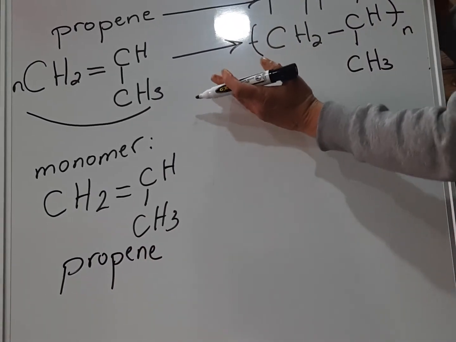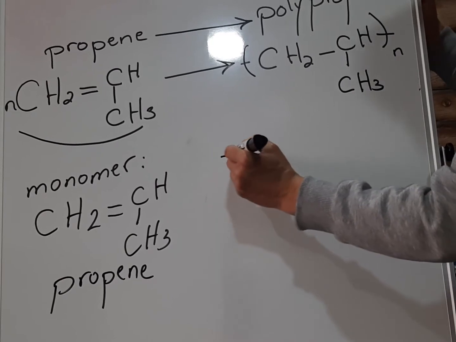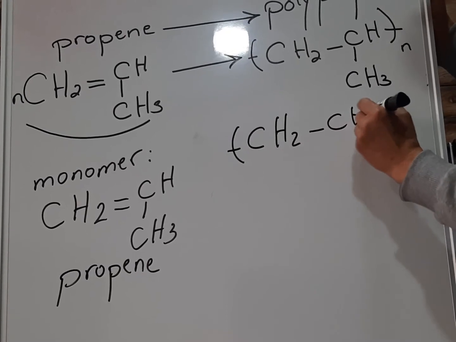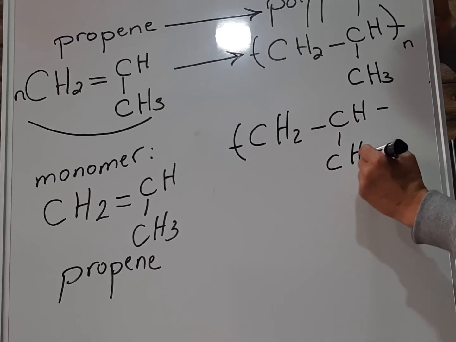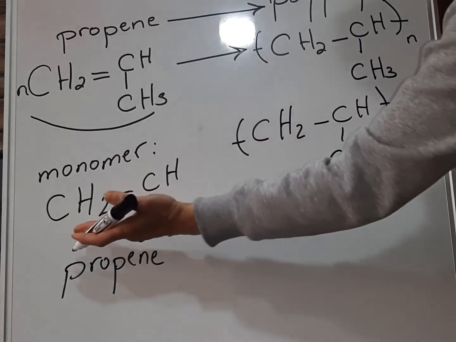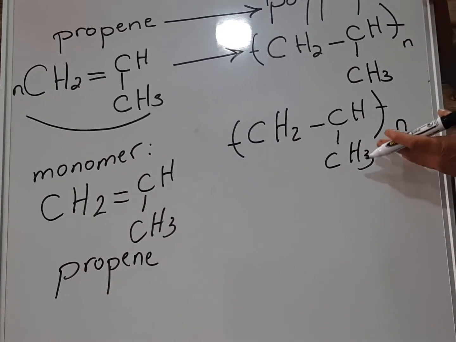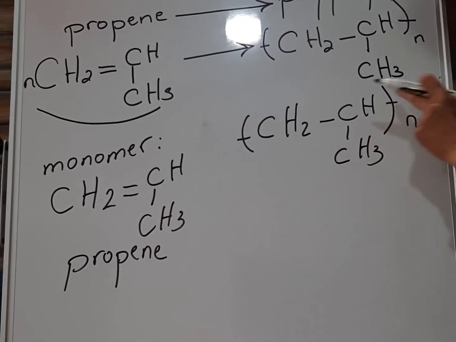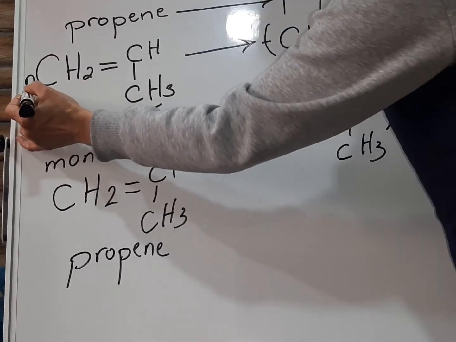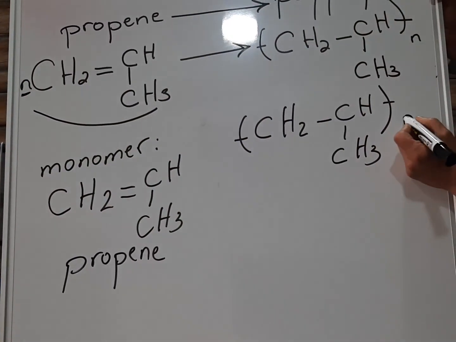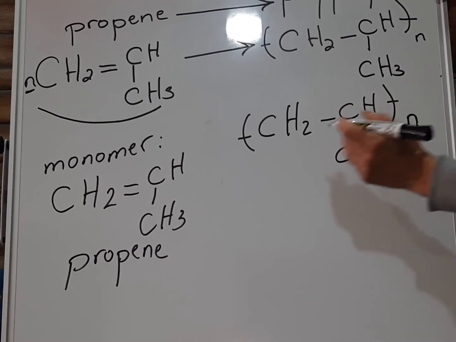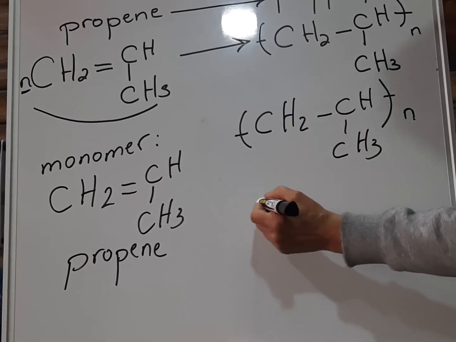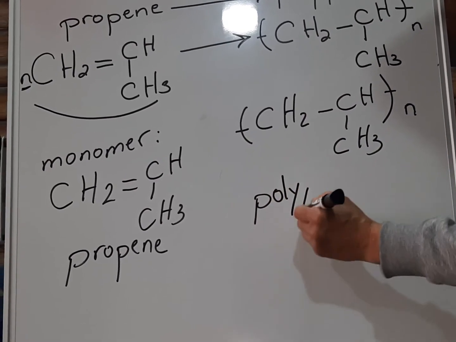The polymer is the product, which is CH2 bond CH bond CH3 N. What's the difference between this monomer and this polymer? The first difference is that the double bond is broken into single covalent bonds, and the coefficient N is written as a subscript to the lower right. This one is the polymerization of propene, so it is called polypropene.